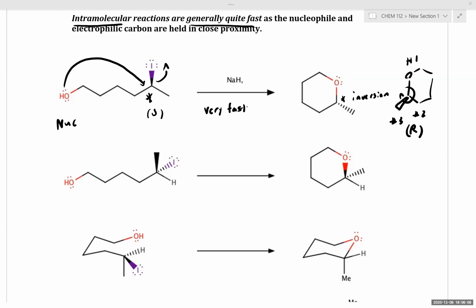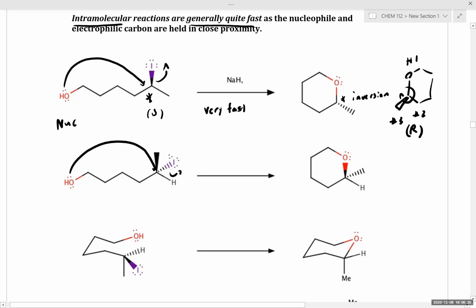Okay, perfect. So by the same token, if we start off with the following stereochemistry, we can observe an intramolecular reaction and we observe inversion of our stereocenter.